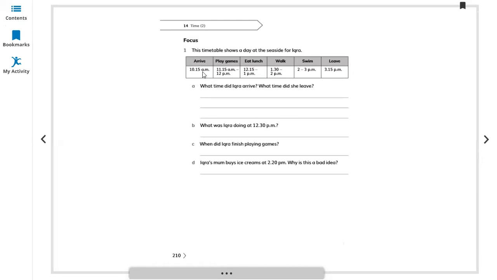Arrive 10:15 a.m., play games this time, eat lunch this time, different times. What time did Ikra arrive? We are using the same timetable. So when did she arrive? 10:15 a.m.